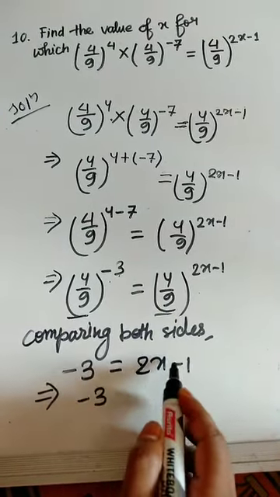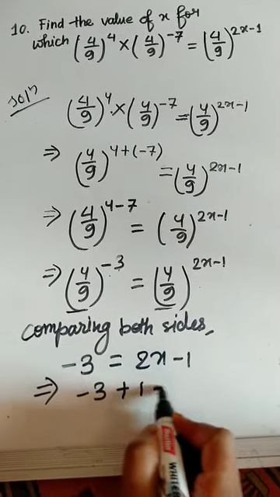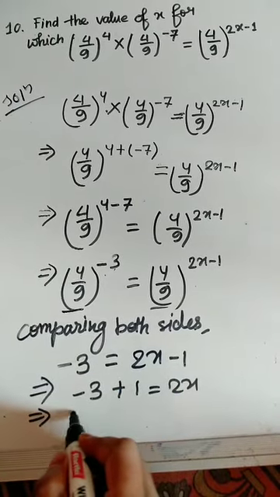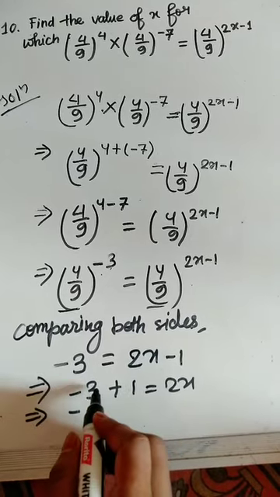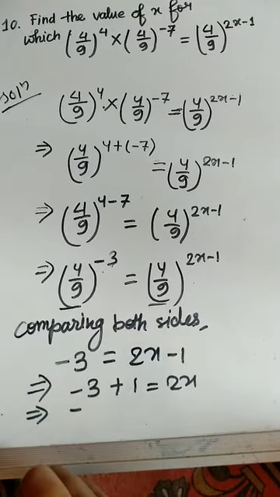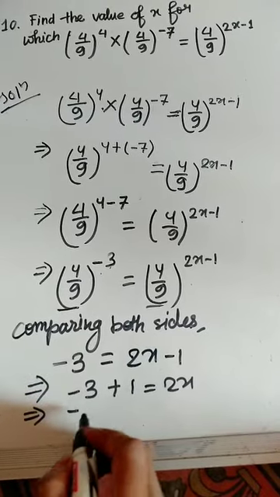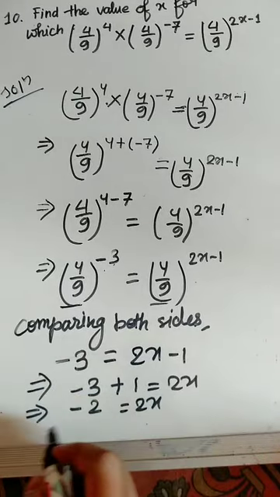This minus 1, if we send it to the LHS side, then plus 1: -3 + 1 = 2x. This implies minus 3 plus 1, that means firstly minus plus minus, and the sign of the greater number, which is 3, is greater, and before 3 we have minus, so I am putting the minus sign. Minus 3 plus 1 is minus 2, so -2 = 2x.